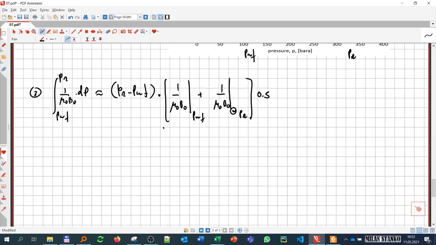But for this term, instead of evaluating it at each pressure, because it's a linear relationship, I can simply say this is 1 over mu BO at P average, where P average is PR plus PWF divided by 2.